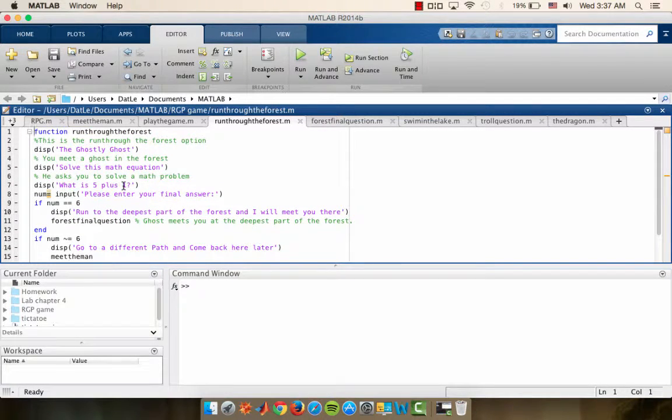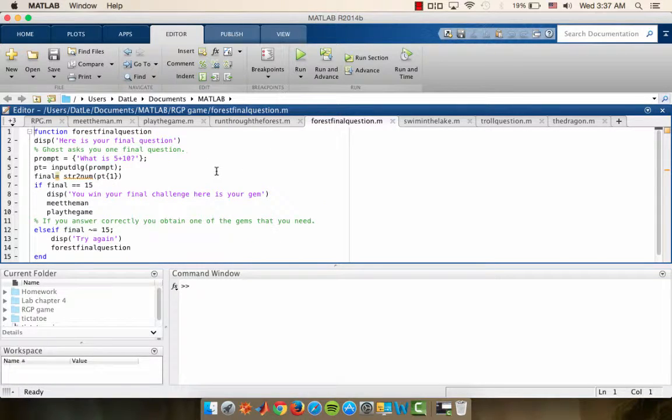So in this scenario, you go into a forest and you meet a ghost, and it asks you to solve a math equation, and if you answer it correctly, it tells you to go to the deepest part of the forest, and it'll meet you there, and then you'll answer one last question, and that will lead you into the forest final question function.